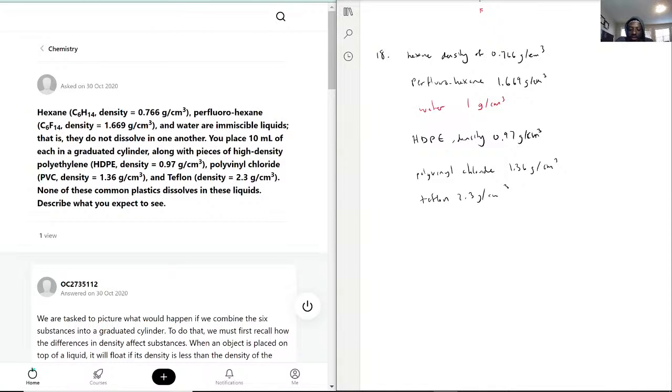The lightest one in terms of density will be the hexane, with a density of 0.76, so we're going to label this as green hexane. And now perfluorohexane is going to be labeled as red P.